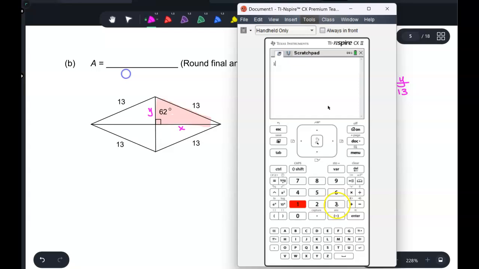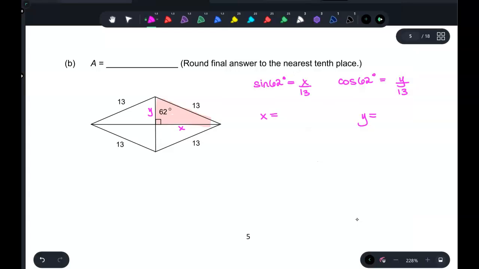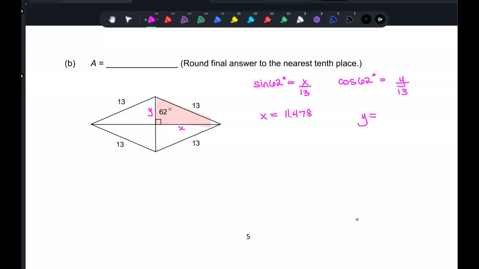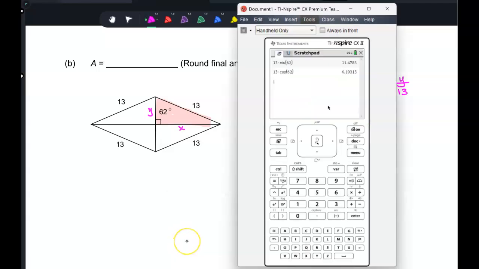What was it? 13 times sine of 62 is 11.478. And then the other one, 13 times cosine of 62, is 6.103.